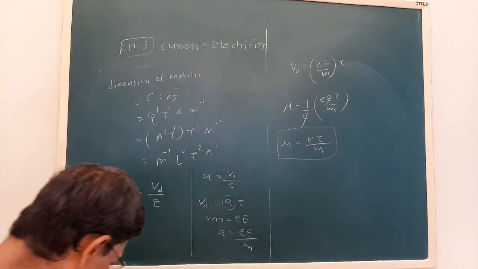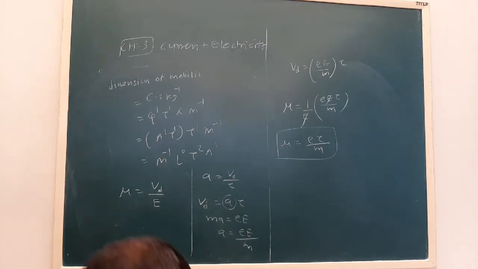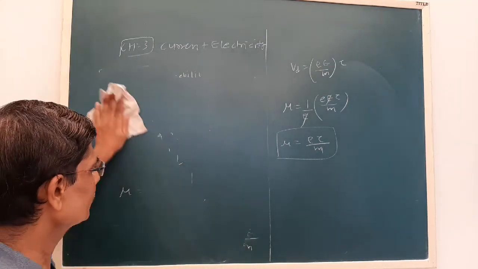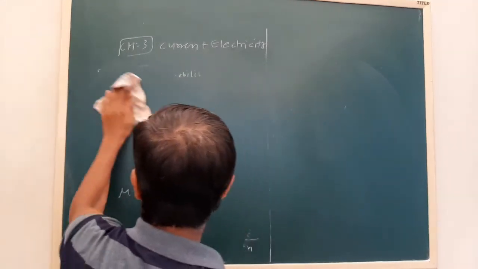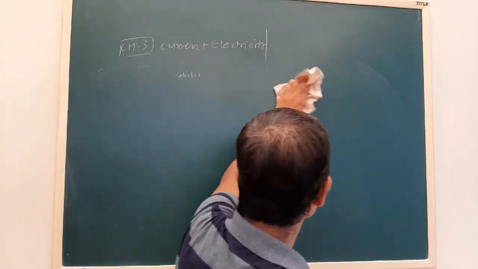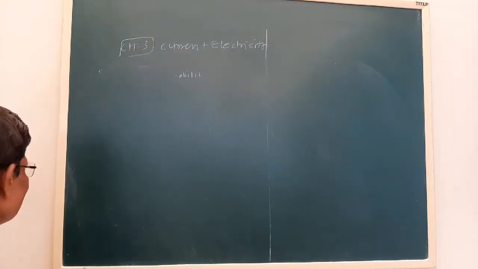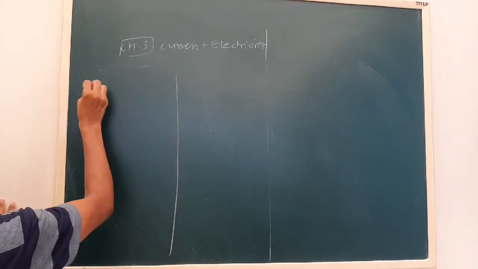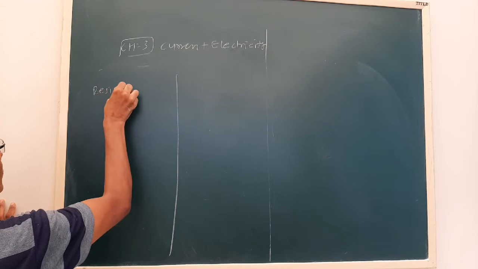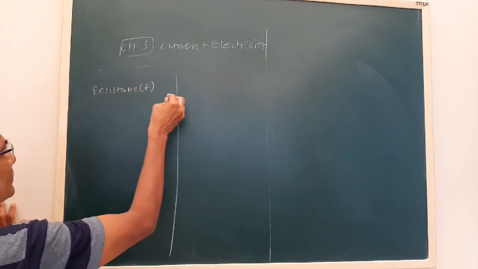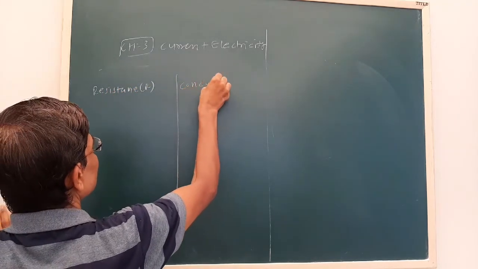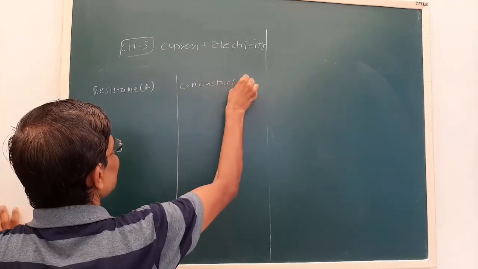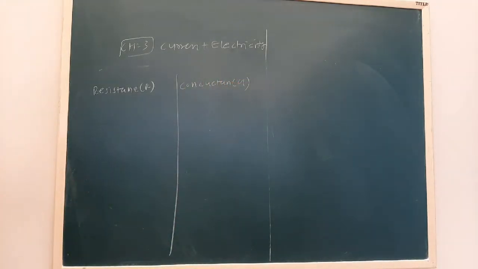Now, as I told, we have come across four major quantities. Resistance, denoted as R, conductance, G. Okay, unit and dimension.